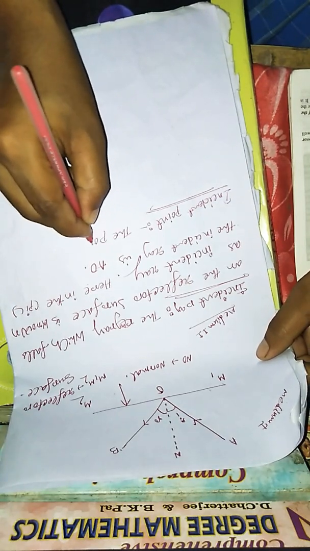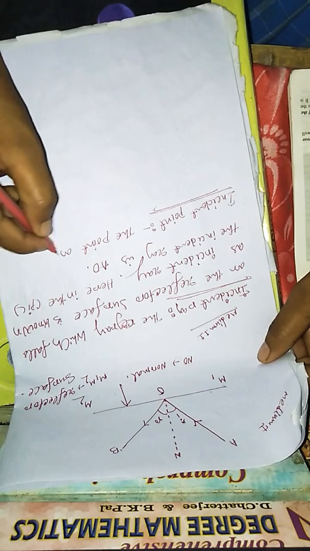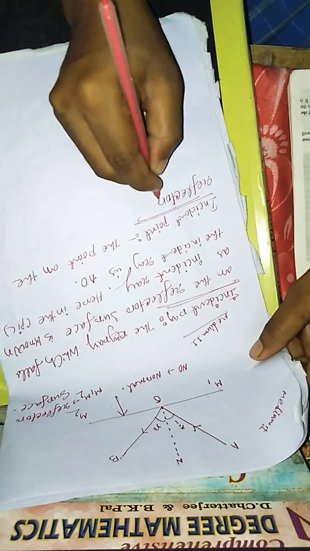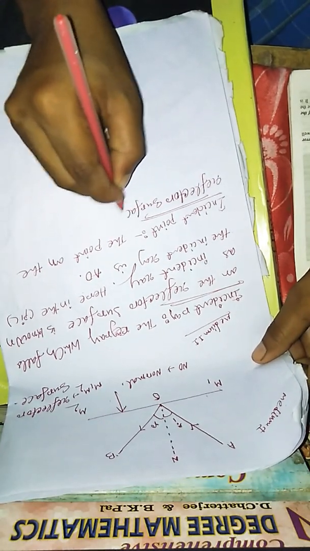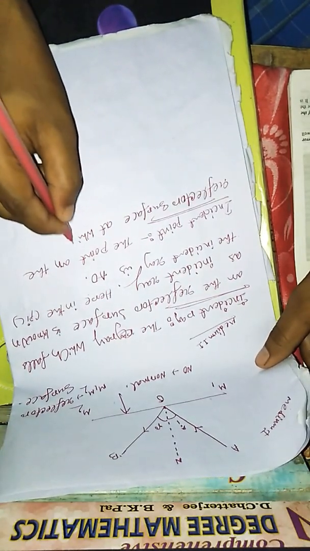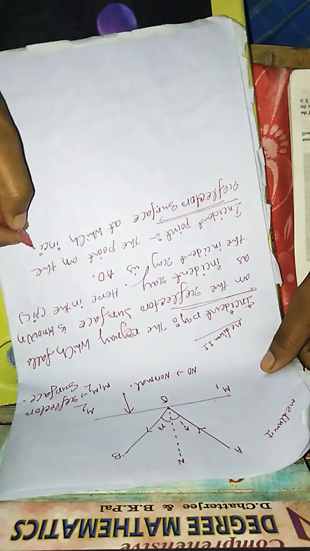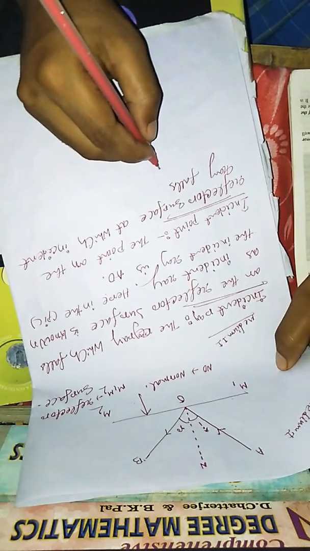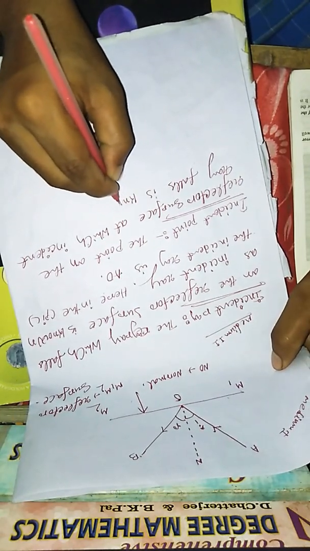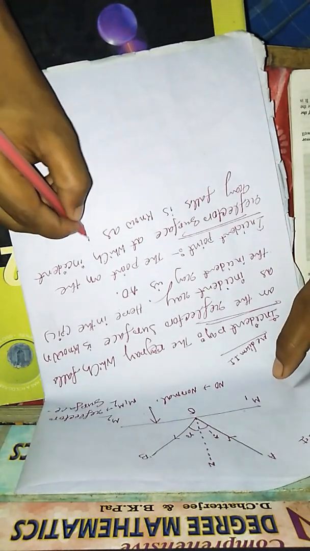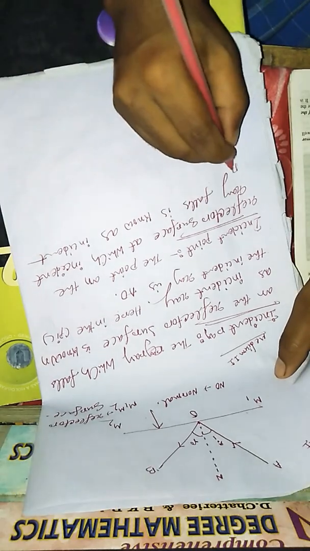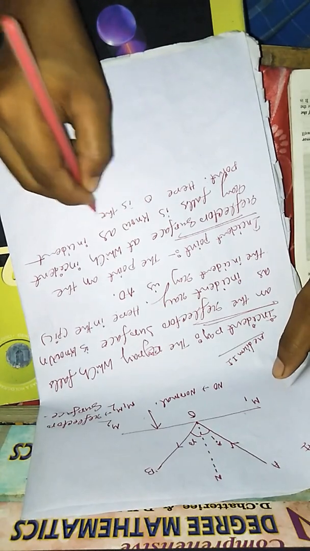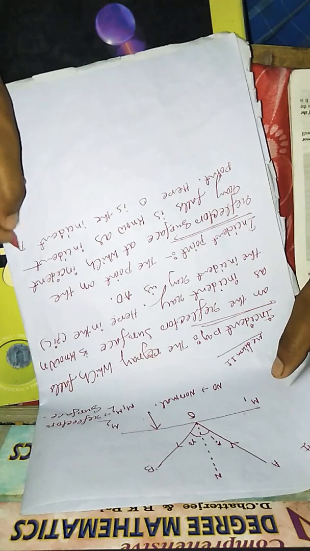The point on the reflector surface at which the incident ray falls is known as the incident point. Here O is the incident point.